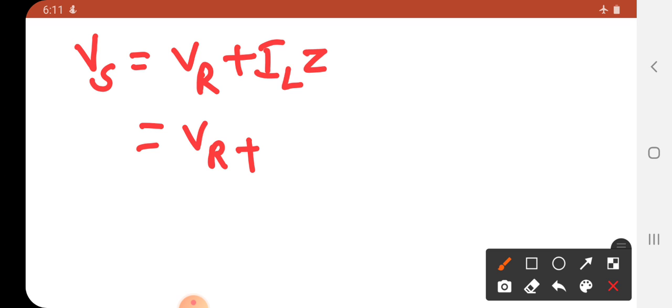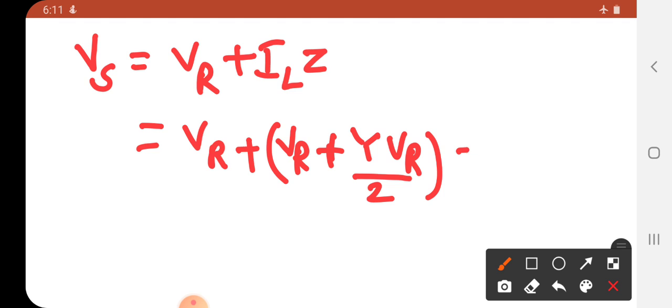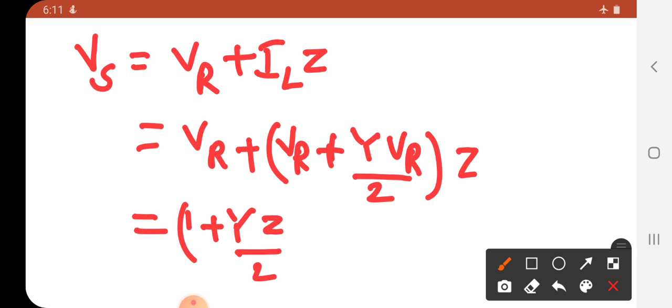IL is IR plus Y into VR by 2, into Z. Then if you separate VR terms and IR terms, you may have the equation as 1 plus YZ by 2 into VR plus IR into Z.